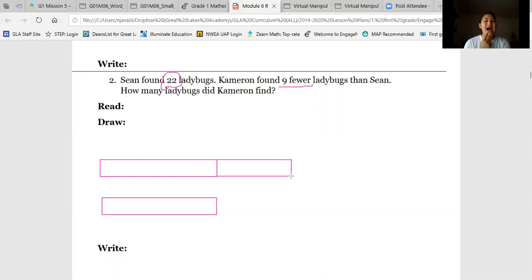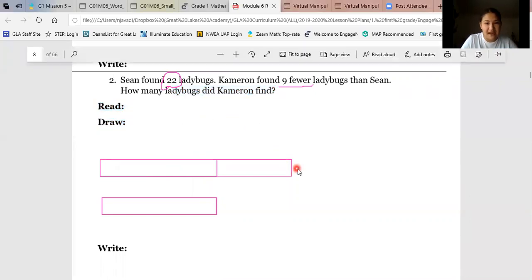Now, how do I know what goes in my tape diagram? Sean found 22 ladybugs. So is this piece right here that I drew 22? No way. This whole tape diagram right here is 22.